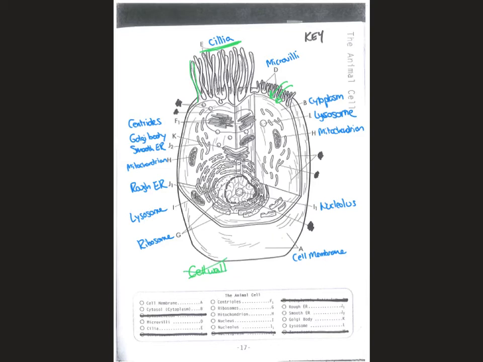Okay, so that's a distinguishing characteristic. The other thing is animal cells have centrioles, and these are basically used in mitosis. You might have gotten that from Bio 2 if you remember, and they're only found in animal cells. The rest of these, Golgi apparatus, smooth ER, mitochondria, and so forth, are pretty much all the same.